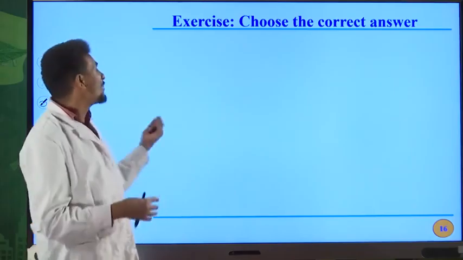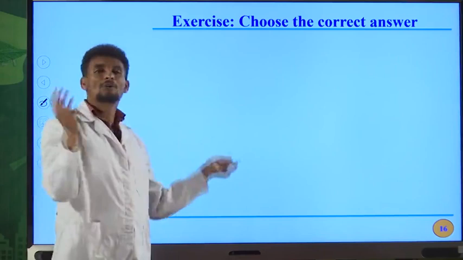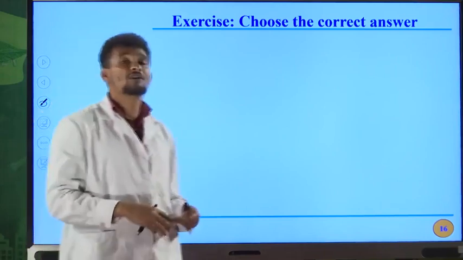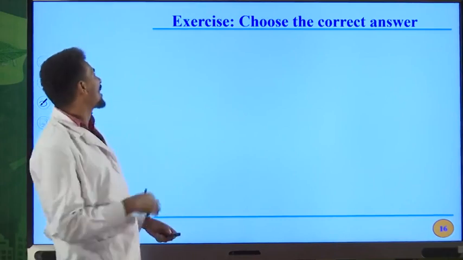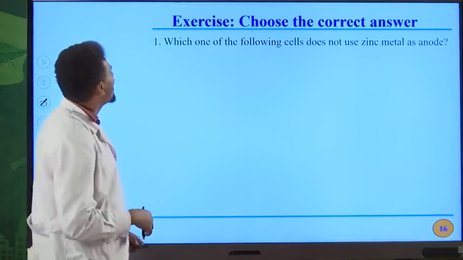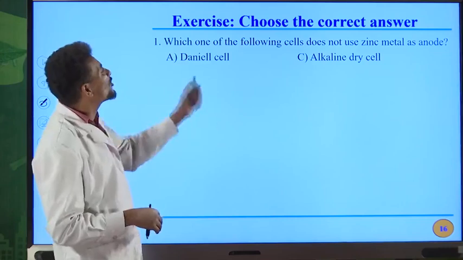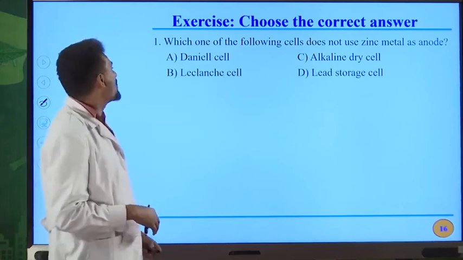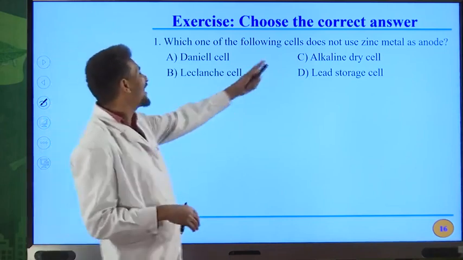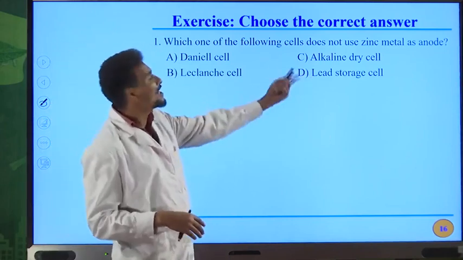Now let us see some questions, and most of these questions are from university entrance exams. So let us answer these questions together. Question number 1 says, which one of the following cells does not use zinc metal as anode? A. Daniell cell, B. Leclanché cell, C. alkaline dry cell, D. lead storage cell.